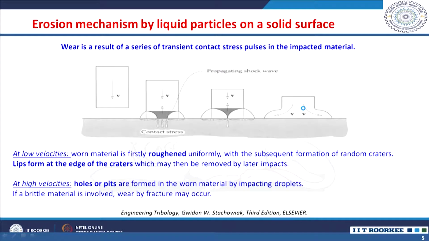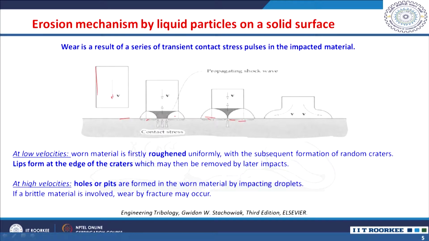If a water droplet comes onto the surface at high velocity, shock waves occur at the contact, and these are relieved by forming a crack, and then material is removed. So, wear is a result of a series of such transient contact stress pulses in the impacted material.